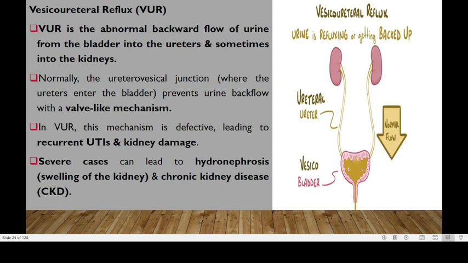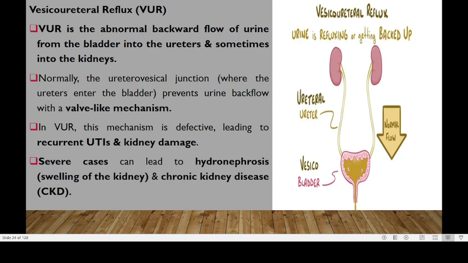Normally the ureterovesical junction, where the ureters enter the bladder, prevents urine backflow with a valve-like mechanism. But in vesicoureteral reflux, this mechanism is defective, leading to recurrent urinary tract infection and kidney damage.